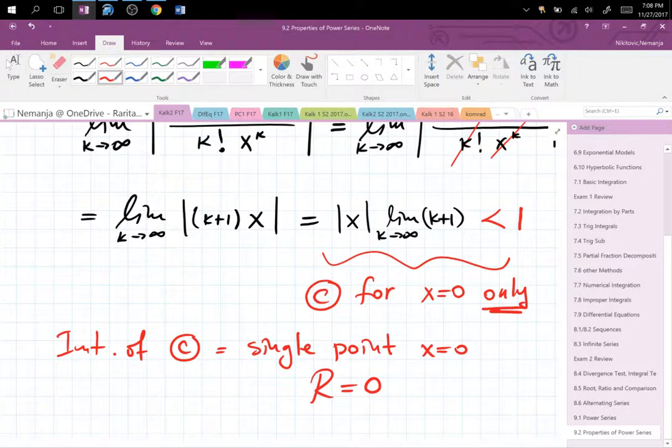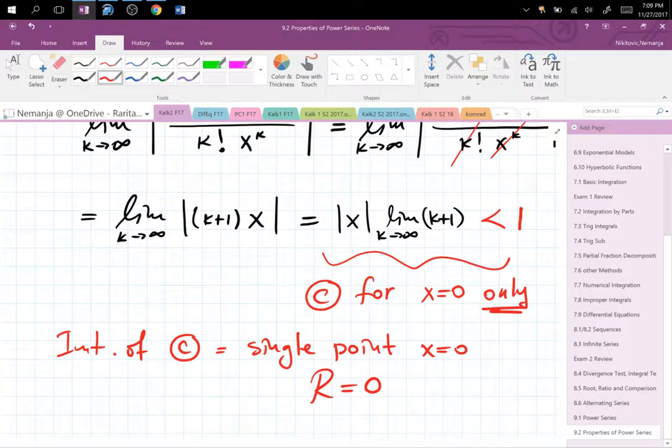So we had 3 cases here. And those 3 cases were infinite radius of convergence, which means the power series converges regardless of what you pick for x. Then for the second case we had the situation where we have a finite interval of convergence.